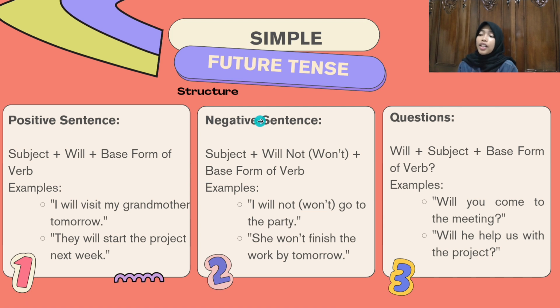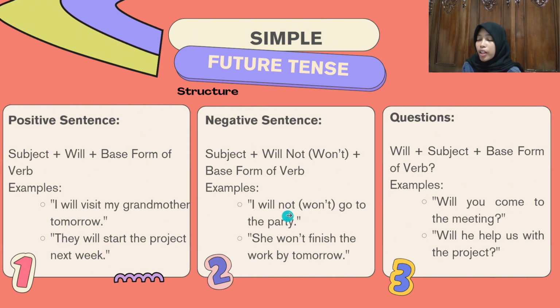And then in negative sentence, we have structure with subject plus will not plus base form of verb. For example, I will not go to the party.